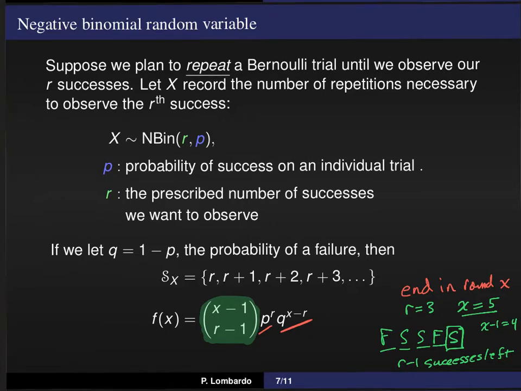So this binomial coefficient comes from placing the remaining successes into the remaining places, keeping in mind that the final place has to be a success and has to be at the end. So the way we do this is we look at x minus 1, these are the remaining places after the last, and then r minus 1, these are the remaining successes, and we place them in the given spots. And this gives us our PMF for the negative binomial random variable.